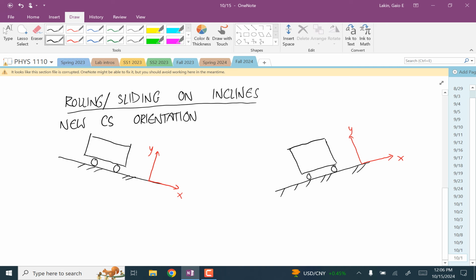So we're always going to choose the y-axis straight out of the surface, and that means that the x-axis always is along the surface, parallel to the surface.